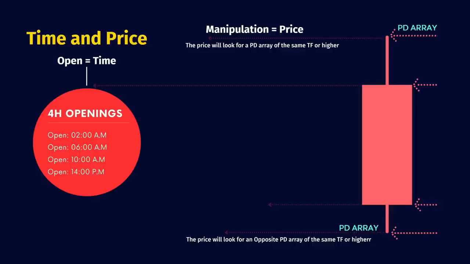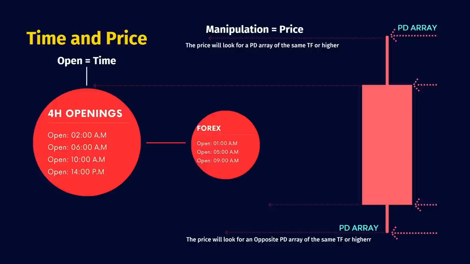Okay. If you're working with Forex, it's different times. It's one hour earlier. The opening in Forex, the first candle, is at 1 a.m., New York time. All these times are New York time, okay?